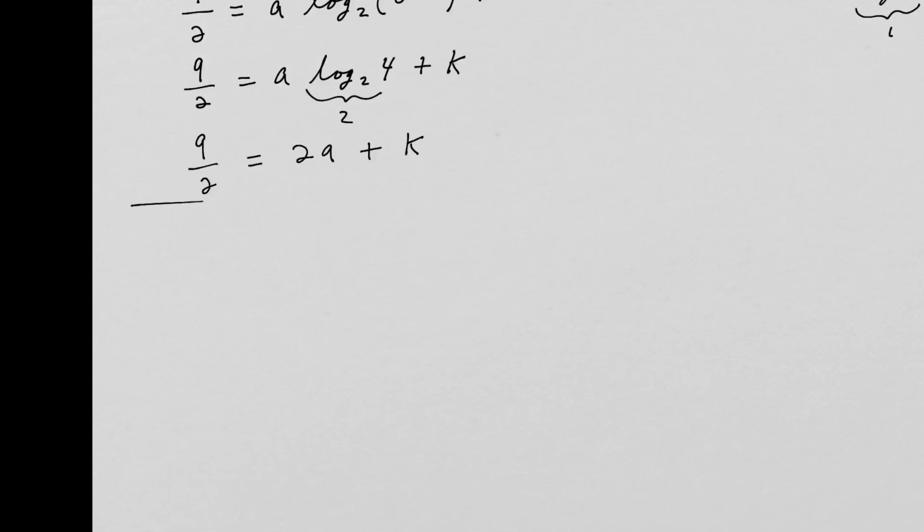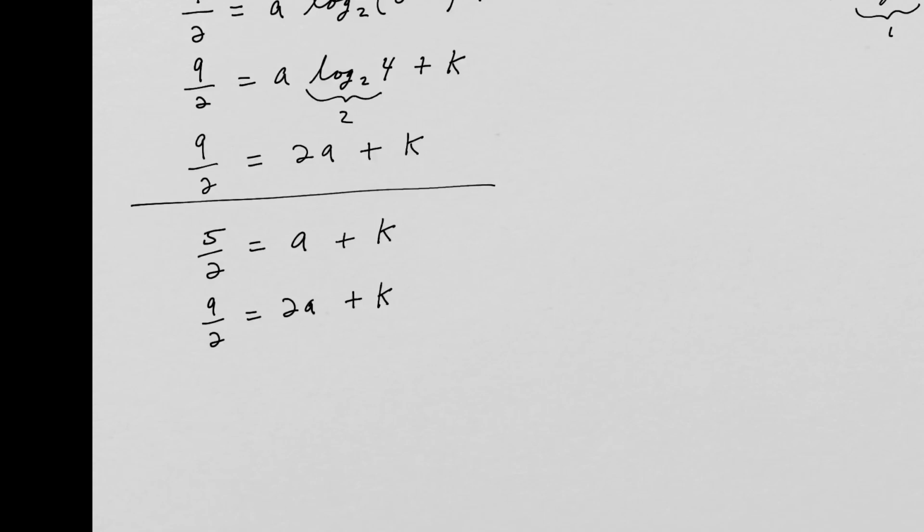Okay, so I have 5 halves is equal to a plus k, and then the second equation is 9 halves is equal to 2a plus k.